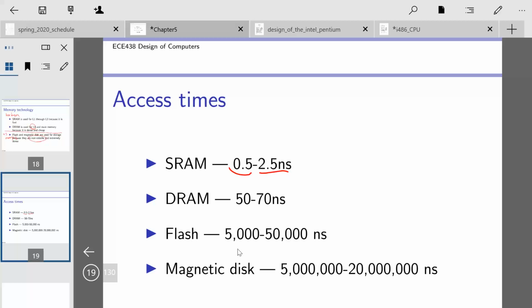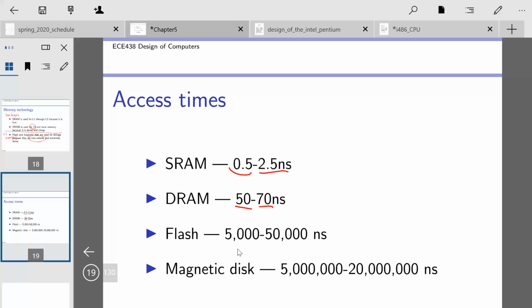Then two orders of magnitude higher, we have DRAM, and there's not a huge variation between the DRAM. That's because we employ banking techniques in DRAM, and we'll talk about what banking is, but it allows us to expand the size of our DRAM without really increasing the access time.